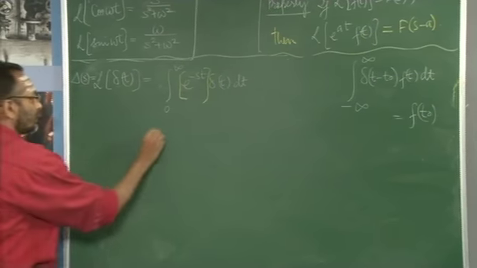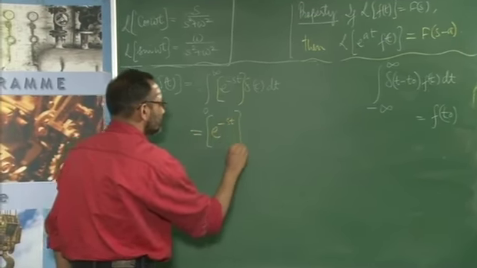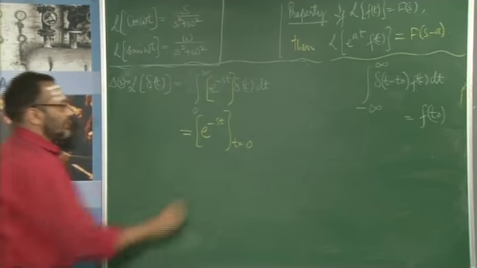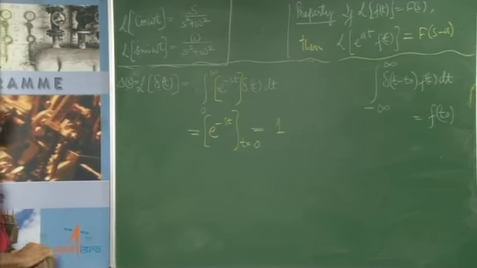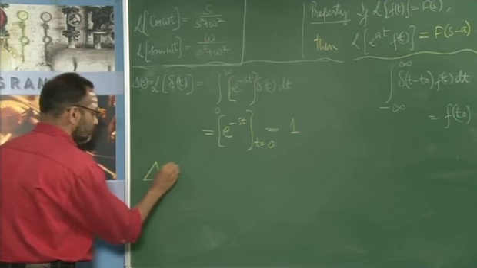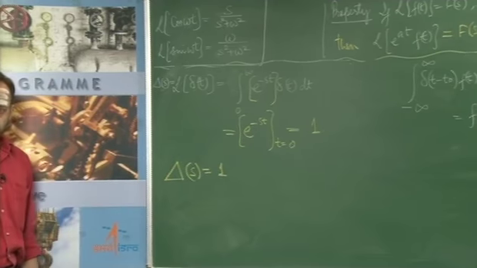Therefore, it must take the value e to the power of minus st taken at t equal to 0, because this is t minus 0, that is the same as 1. So, the result that we have is that delta of s equal to 1.